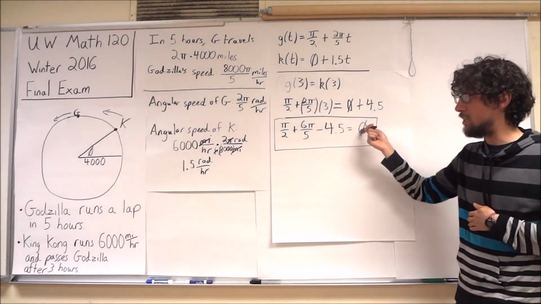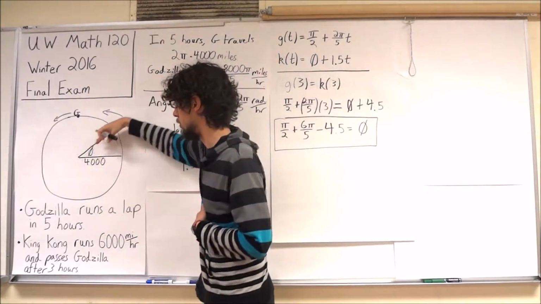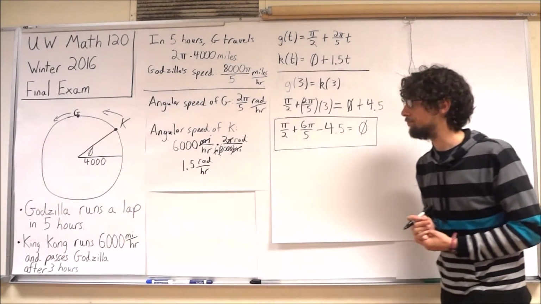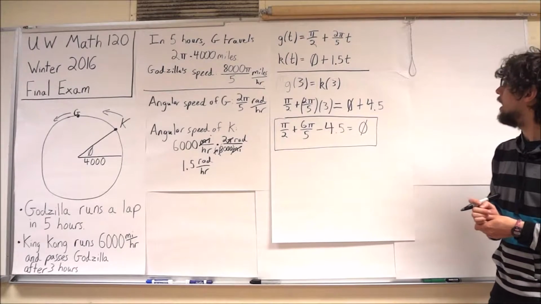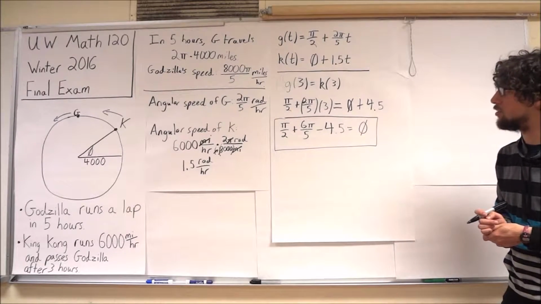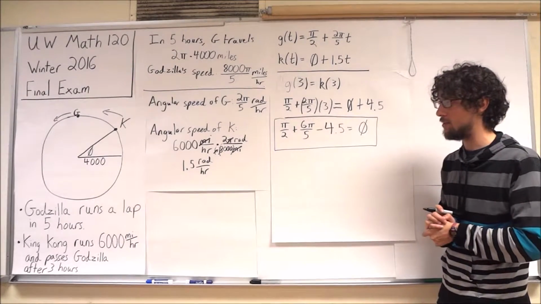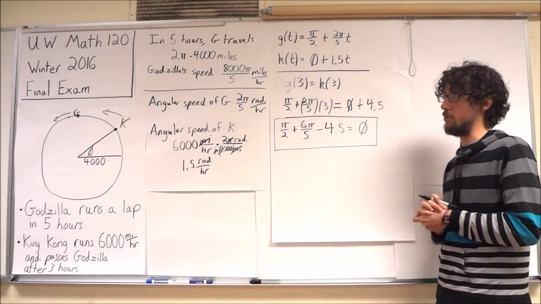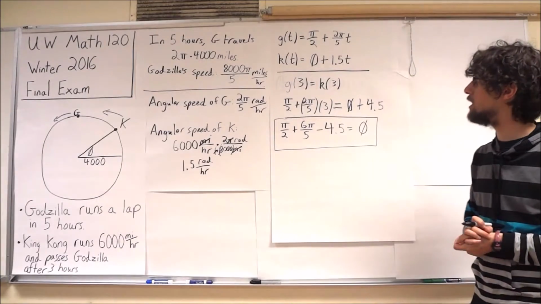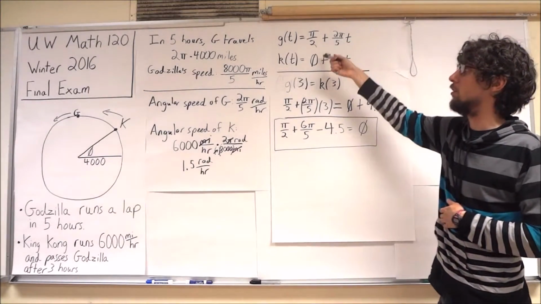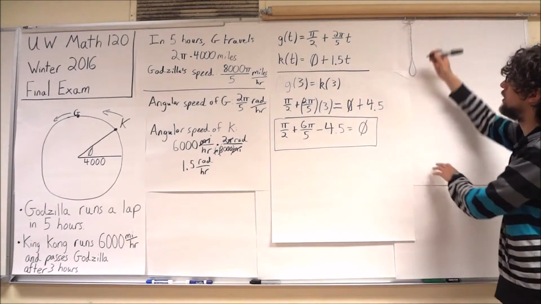So this is the phi that is the angle where King Kong starts at. And now the final bit of this question asks us to compare King Kong and Godzilla's position after 14 hours have passed. In other words, at t equals 14, we can simply plug in 14 to both of these and see what we get.